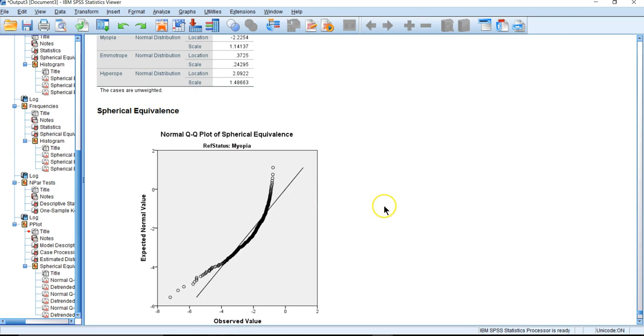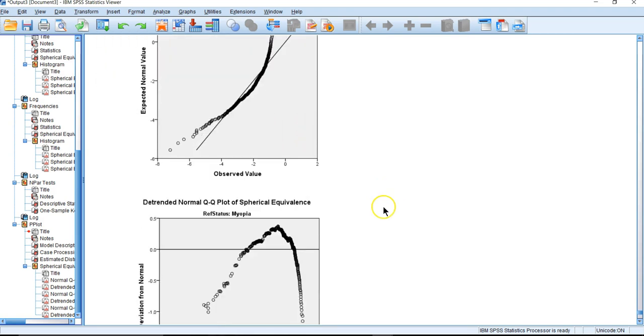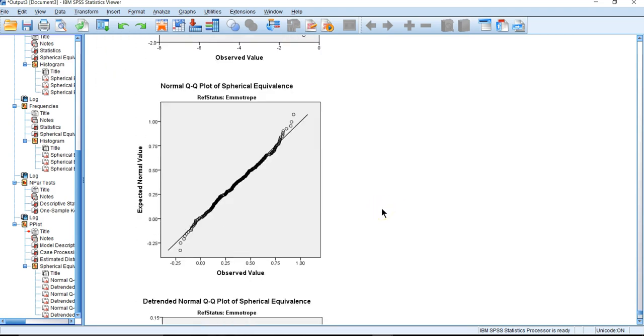Now let's look and see what a normal distribution is supposed to look like. This is our emmetropes. We want all the dots to fall on a straight line. The tails might be a little thicker than we would like.